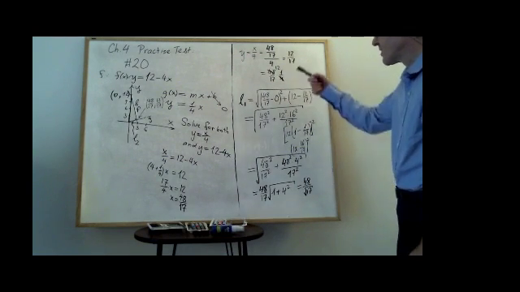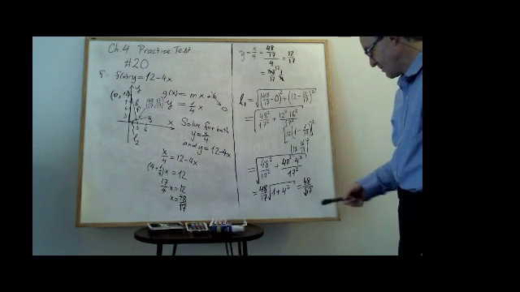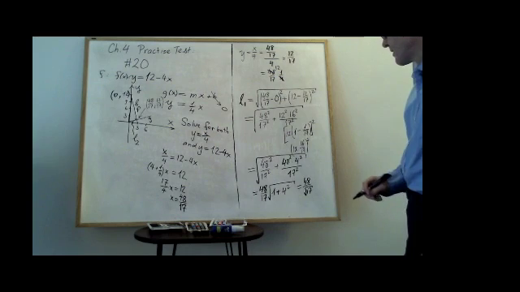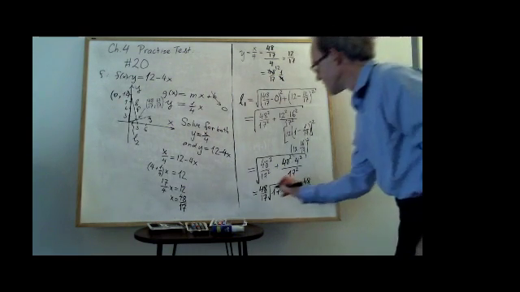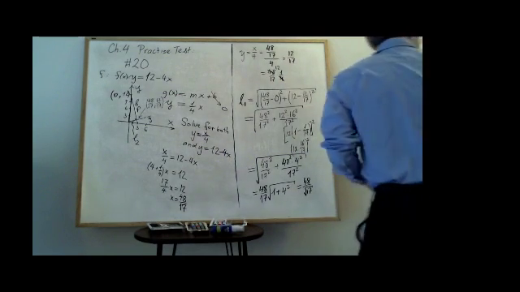It will turn out the other L2 will also have a square root of 17 in the denominator, and in the end the square root will cancel away, and I'll get a rational number. Okay, let me just check that.